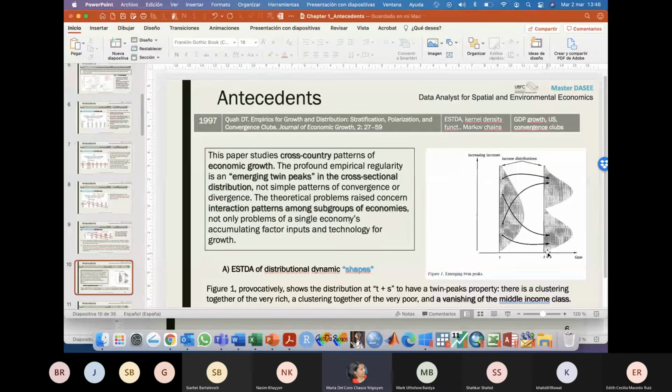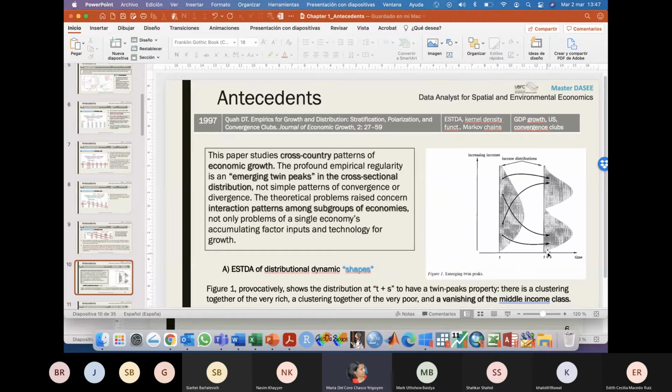This is what is called convergence clubs. So from one world to two different worlds, the poorer and the richer, we can see. It is very appealing, this chart that we find here.